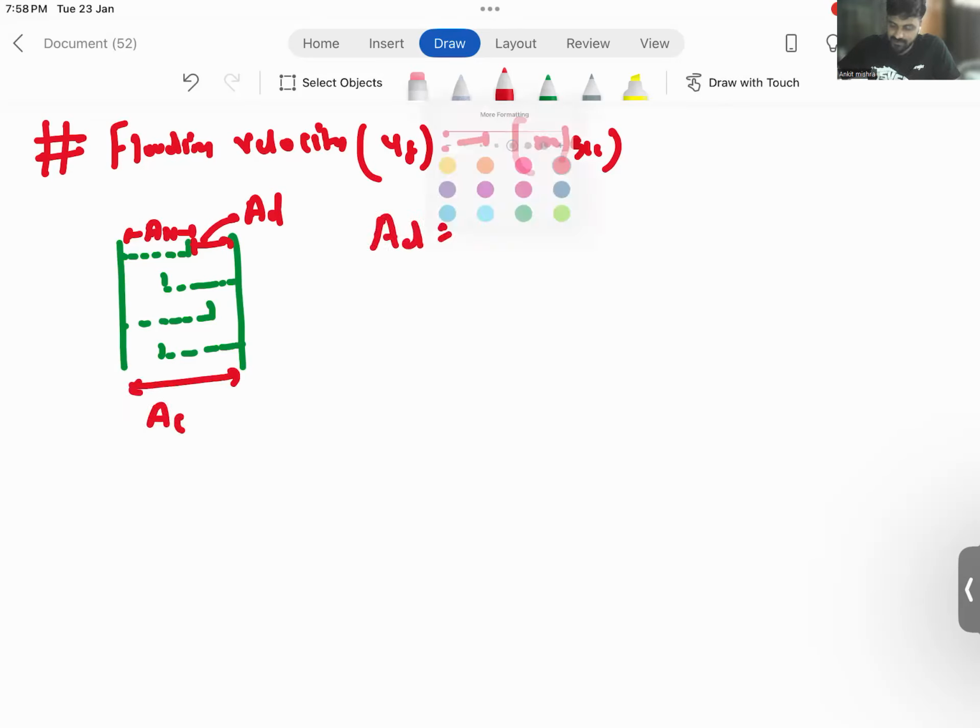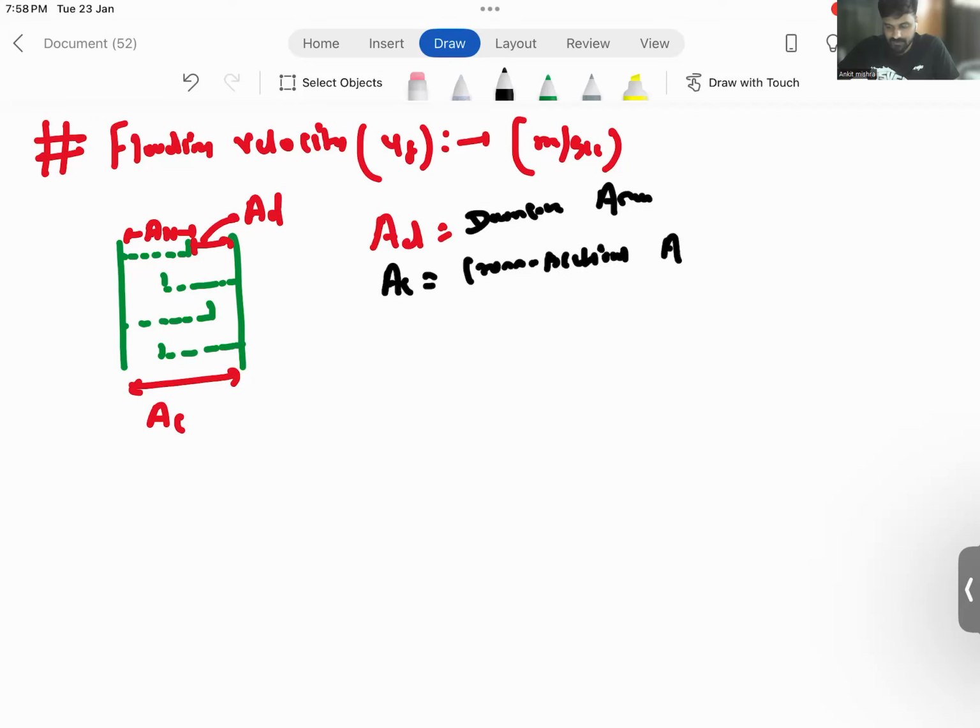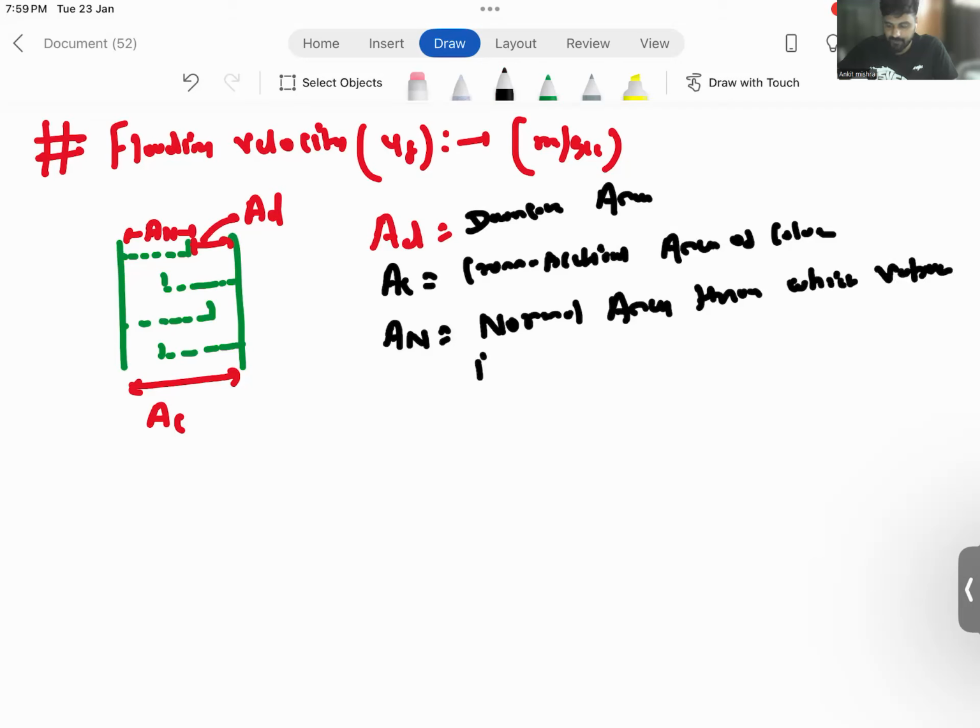So AD is called the downcomer area, and AC is your cross-sectional area of the distillation column, and AN is your normal area through which vapor is flowing, right?